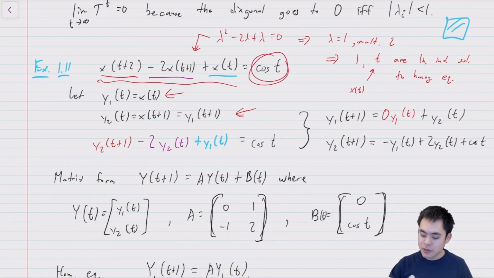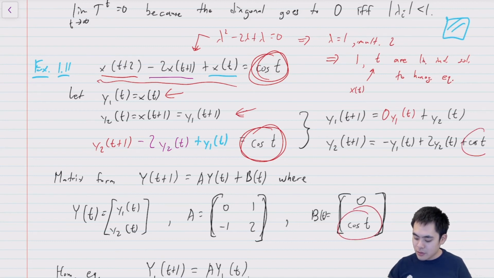Unfortunately, these cosine of t's are really irritating, and they make life really hard. Because when you're working with ordinary differential equations, you can easily take derivatives, and so when you take the derivative of cosine, it's just minus sine. When you take the derivative of sine, it's just cosine. And so things work out nicely.